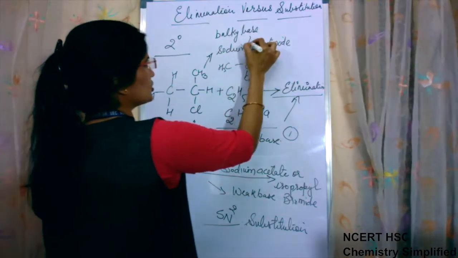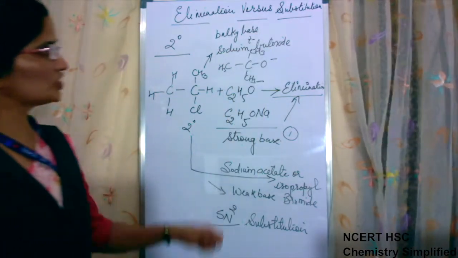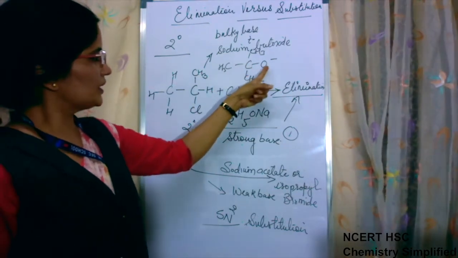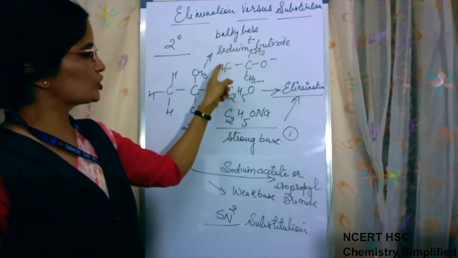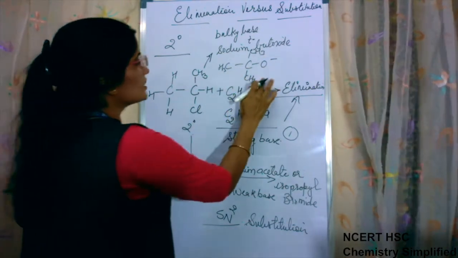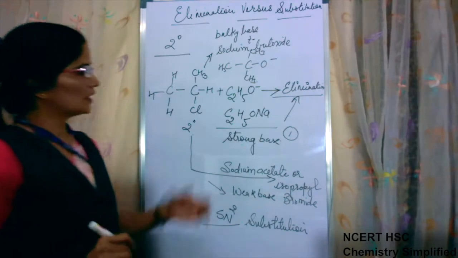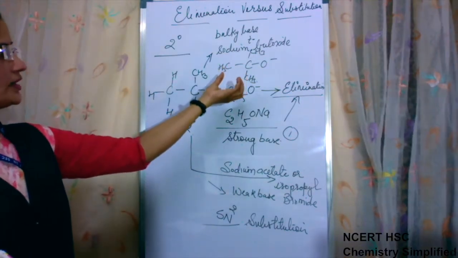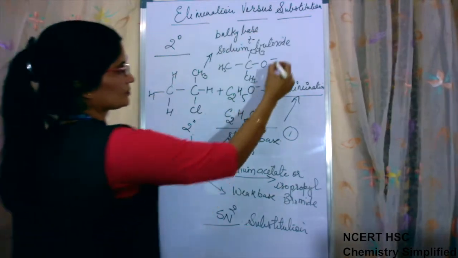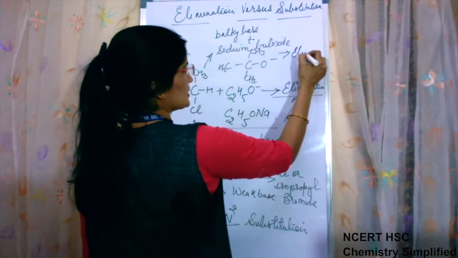Sodium tertiary butoxide. It is butane, but it is tertiary. The carbon atom bearing the functional group is attached to 3 carbon atoms. So this is tertiary butoxide ion. This is a bulky group. Whenever such bulky groups are there, always 2 degree will undergo elimination. So this is elimination.